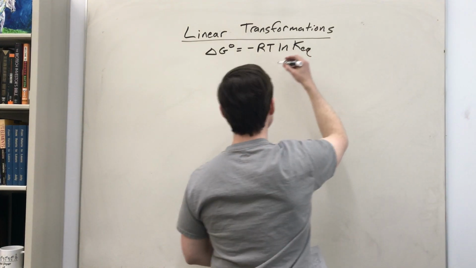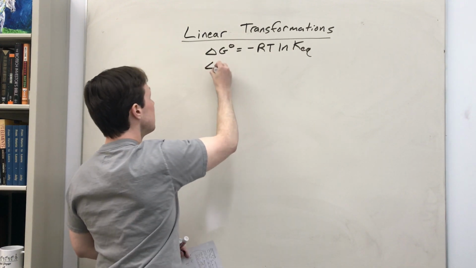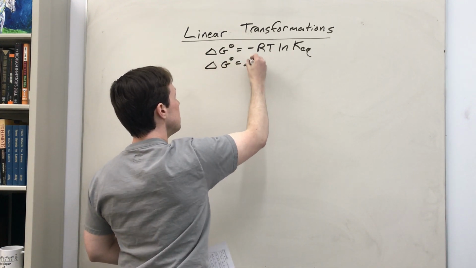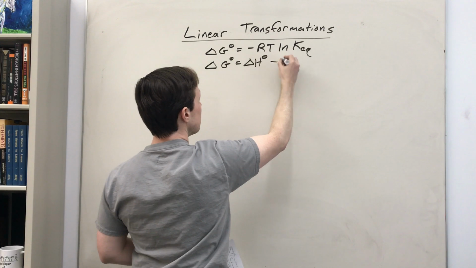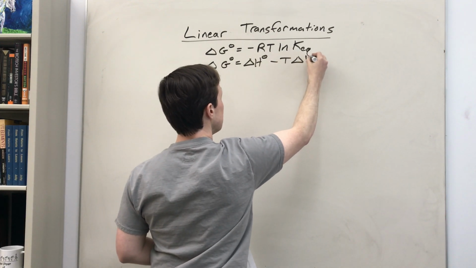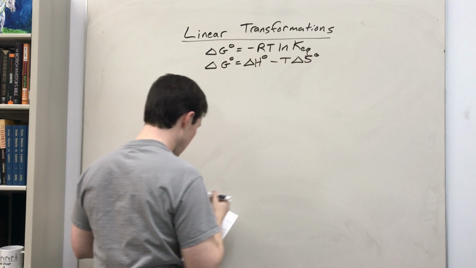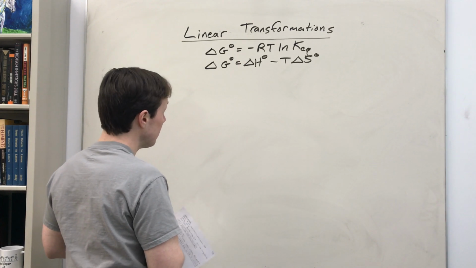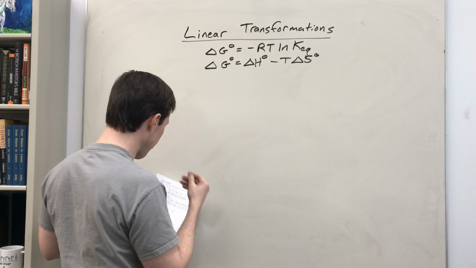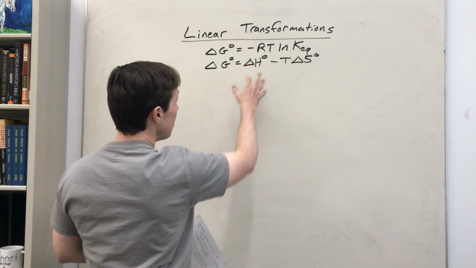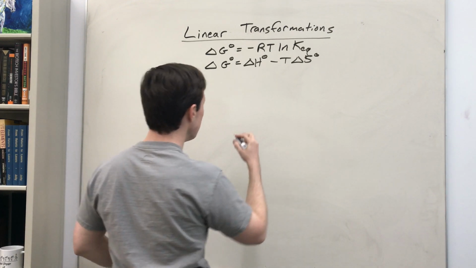One is to recall that delta G naught is also equal to delta H naught minus T delta S naught. We can do some very useful rearrangements by letting these be equal to one another.